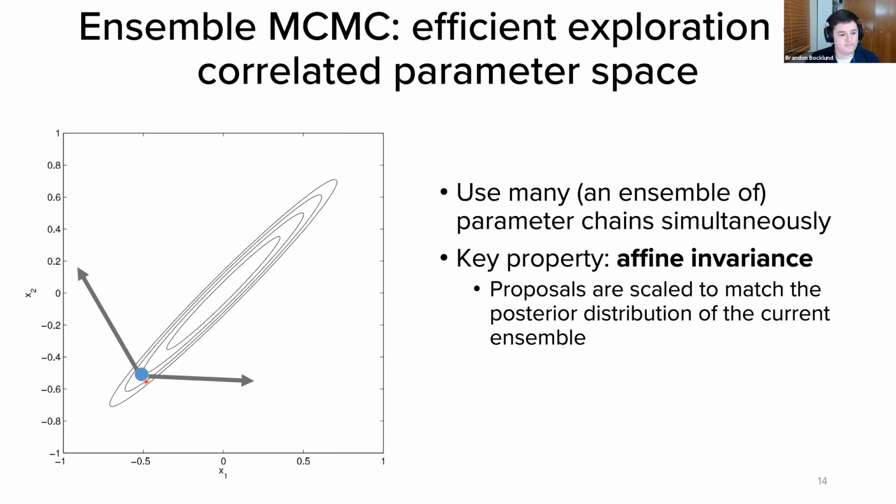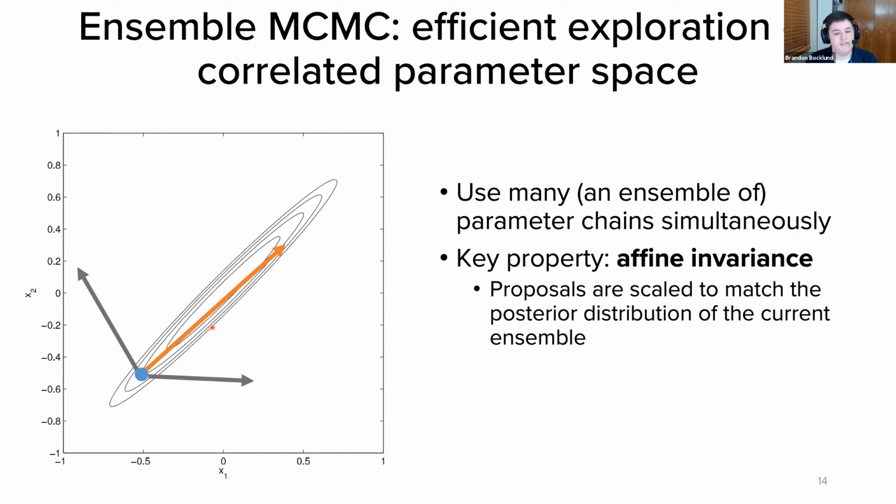And what we want to do, and what this ensemble MCMC method will do, is allow you to make a proposal and then scale that proposal to the state of a bunch of chains, so a bunch of samples that you've already taken. And that allows us to make a proposal that's scaled in the target distribution, as long as we have the target distribution well sampled.